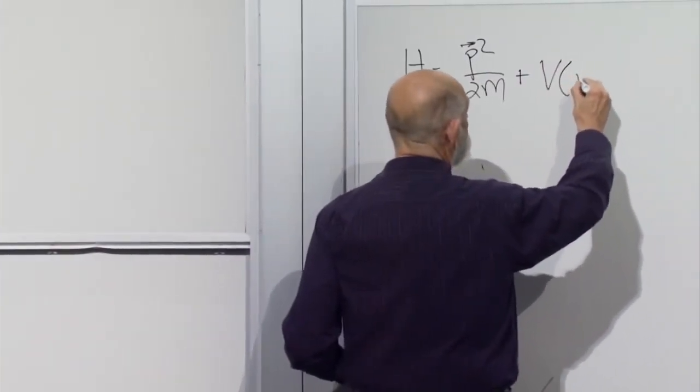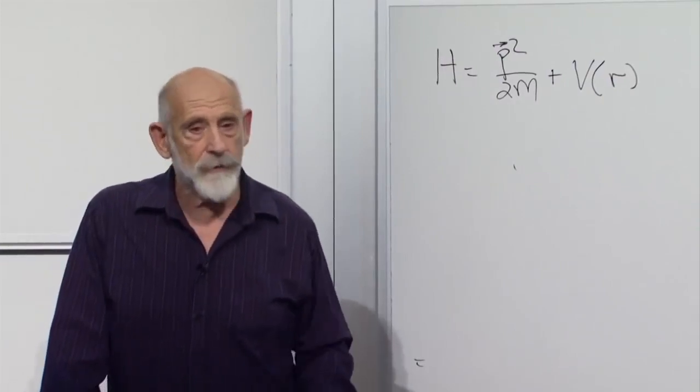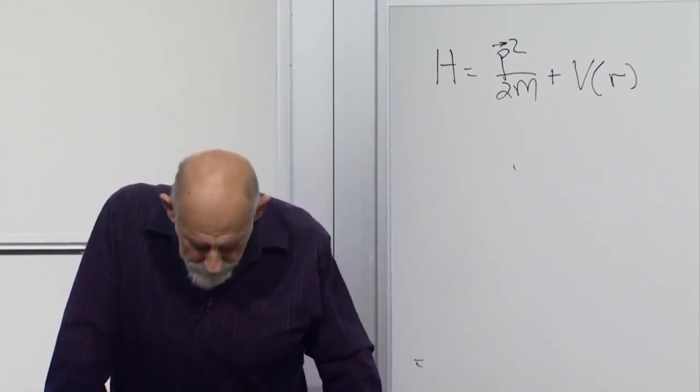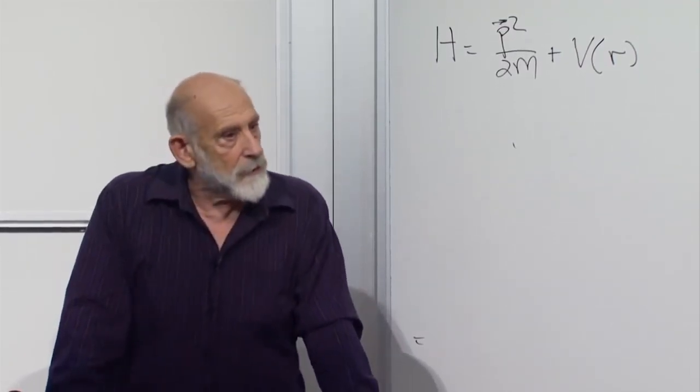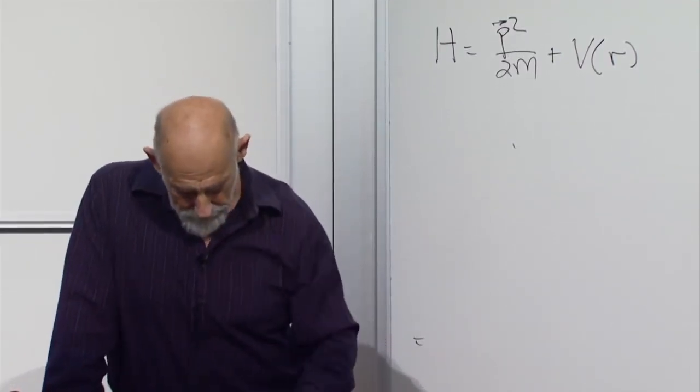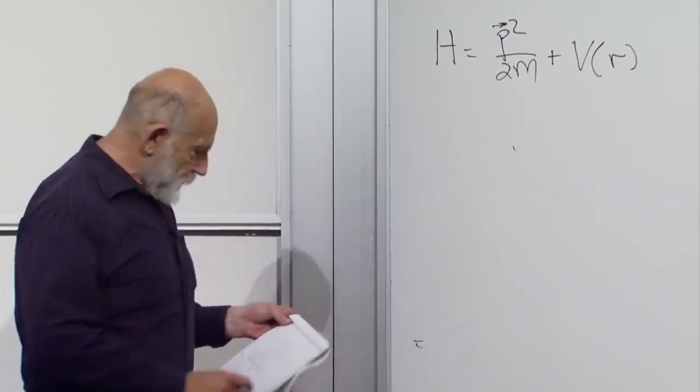Central force problem. Later we'll be specific about what central force problem. Of course, what we're going to think about is the Coulomb force. But for the moment, let's not specialize. And let's do classical physics first.